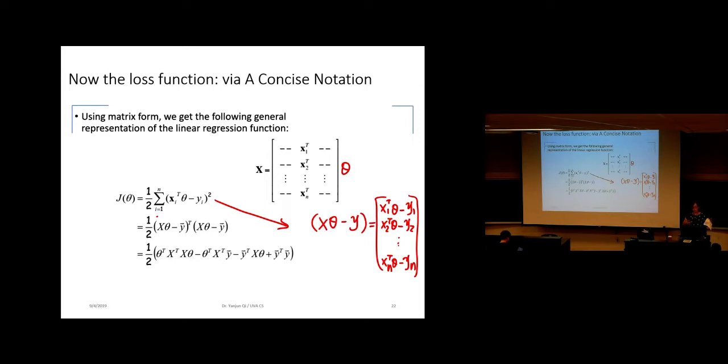If we calculate its size, we already did x theta: it's n times p times p times 1, which gives me an n times 1 predicted y hat. Then you subtract an n times 1, and together this gives you an n times 1 vector. This is just to confirm. This vector's inner product is this summation form, and that's exactly the second step.